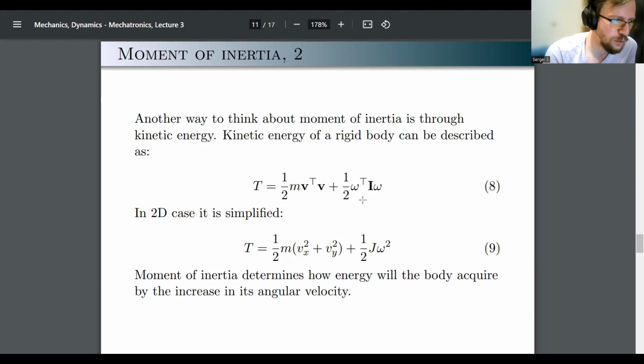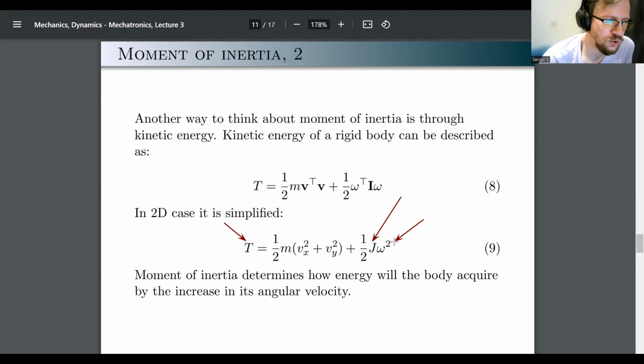Essentially, it says how much the energy has to change when the angular velocity goes from 0 to 1, or from 1 to 2, etc. It is this scalar coefficient in the 2D case that determines how much the kinetic energy has to increase. And an increase of kinetic energy is of course related to work.